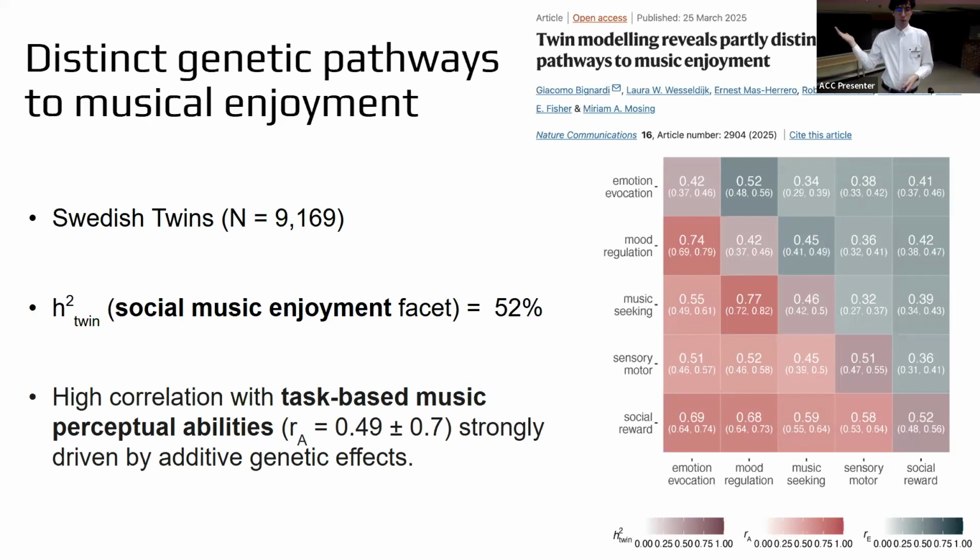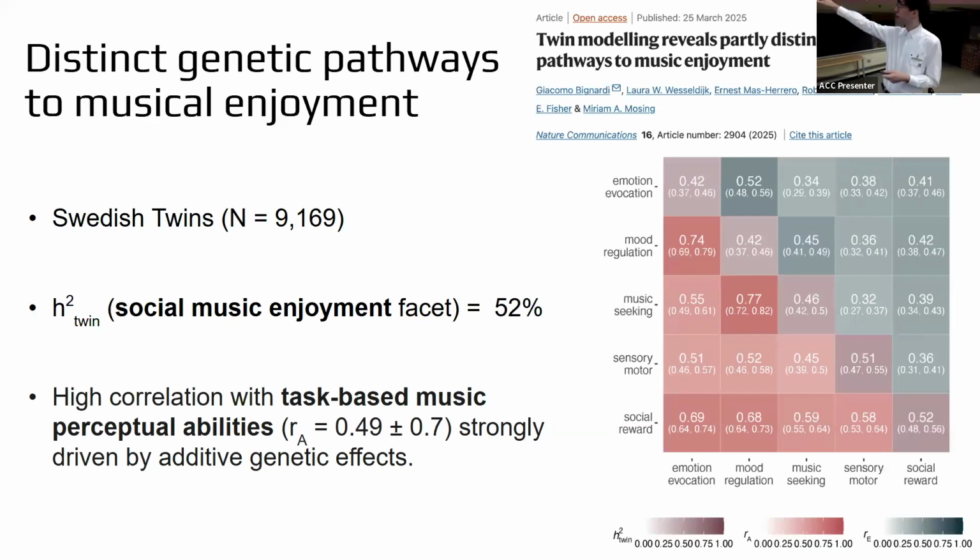My colleague Giacomo started to look into the heritability, so how much genetic variation is explained by genetics, of social music making and enjoyment. He looked first at musical enjoyment, so how much joy you feel when you engage in any kind of musical activity, and found that musical enjoyment is heritable.